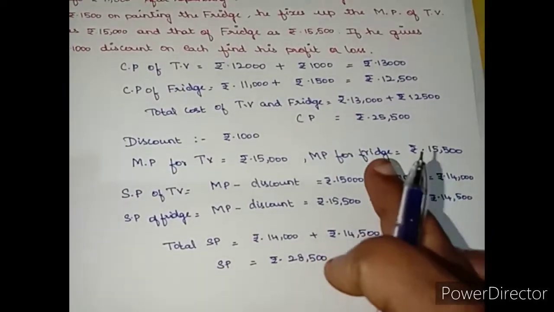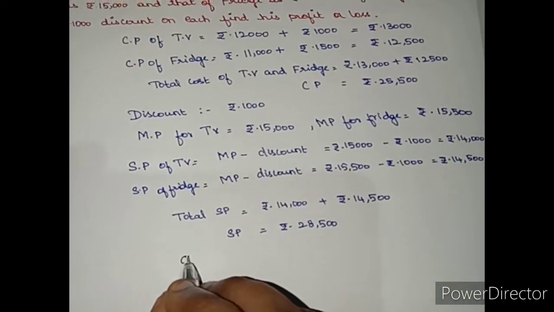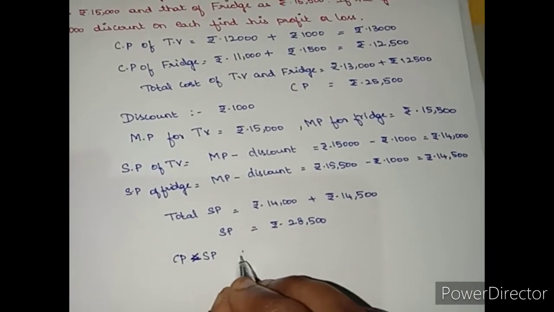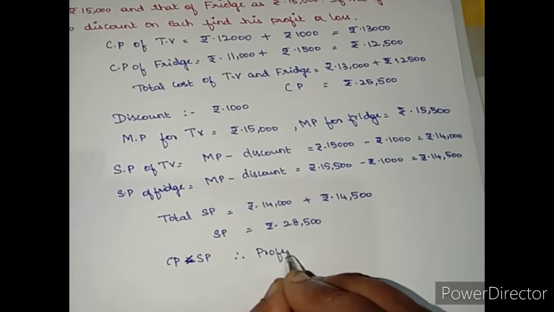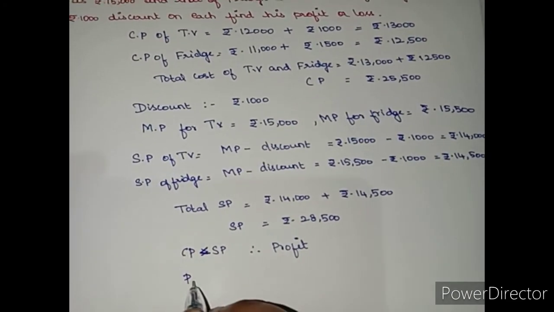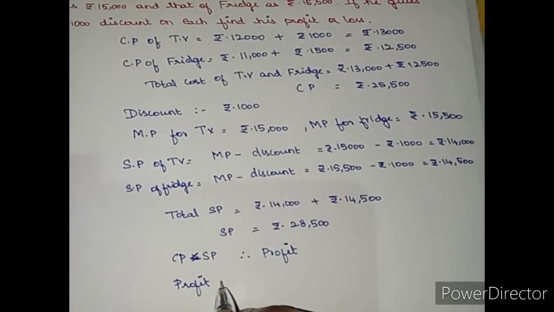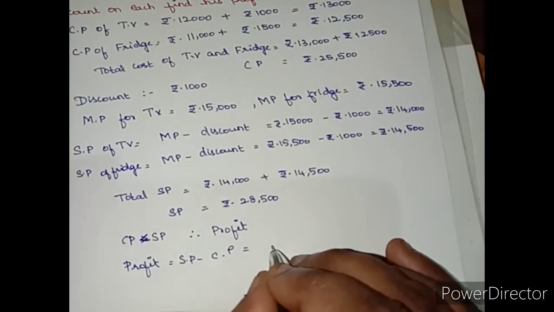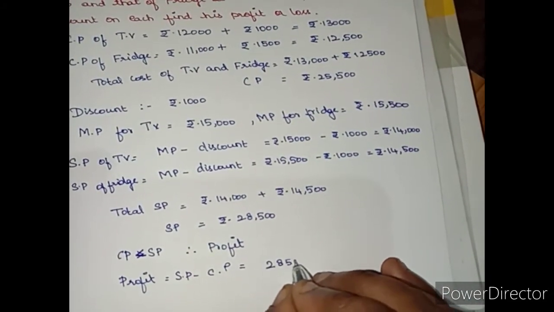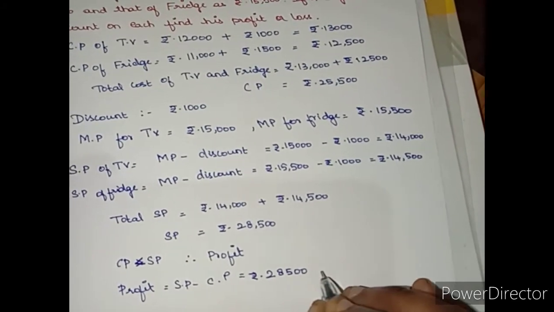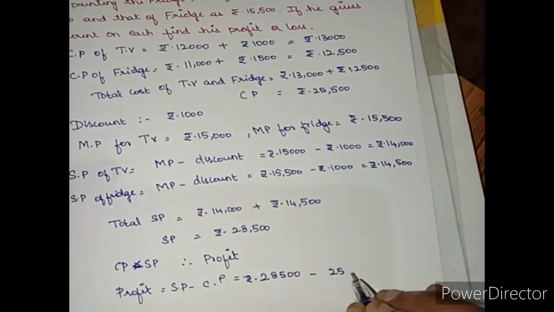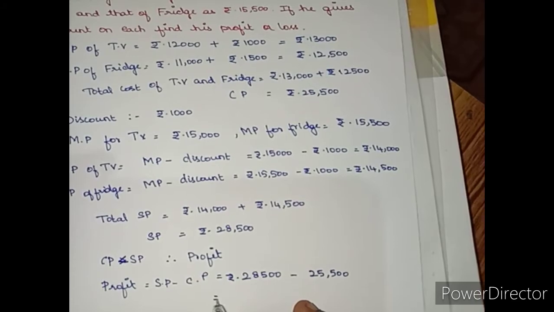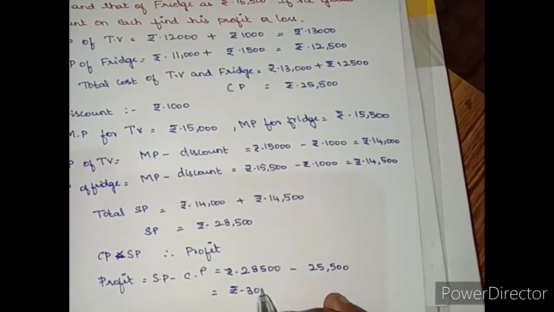Now we have to compare CP and SP. So CP is less than SP. Therefore it is a profit. So profit formula SP minus CP. 28,500 minus 25,500 rupees 3,000.